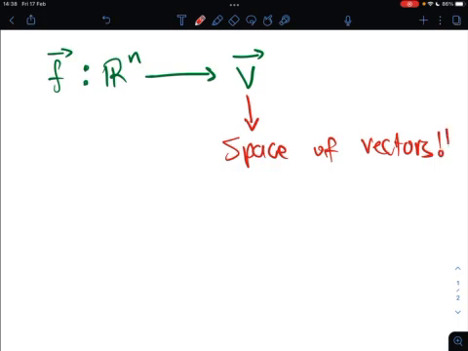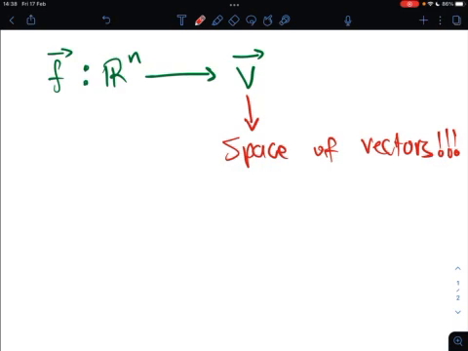So we are familiar with objects that are known as vectors. We have different representations of these objects, but all these objects that we call vectors actually belong to a bigger set of things called the vector space.